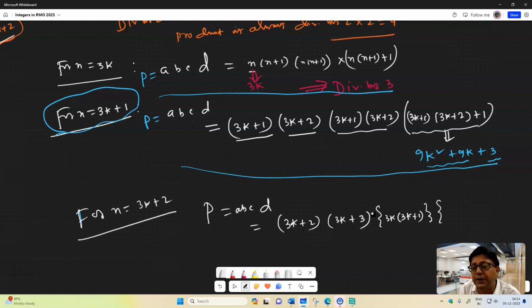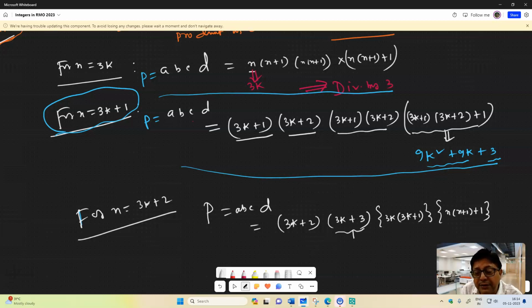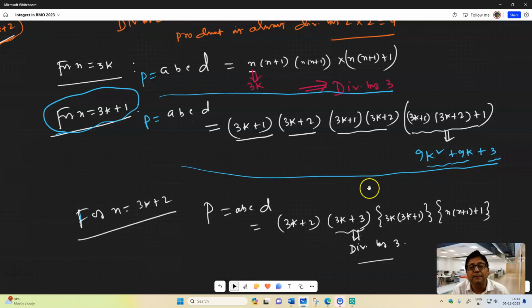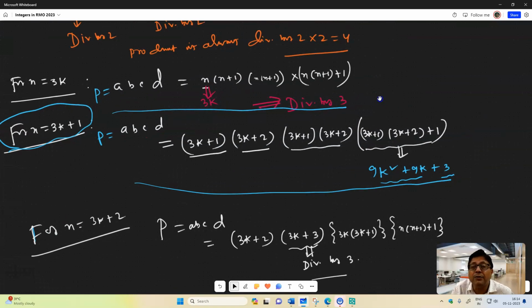Fourth one, you need not write, this n into n plus 1, keep it unchanged. Here only you are getting divisible by 3. So if one of the factors in the product is divisible by 3, the whole product is divisible by 3. So ABCD now has a factor.